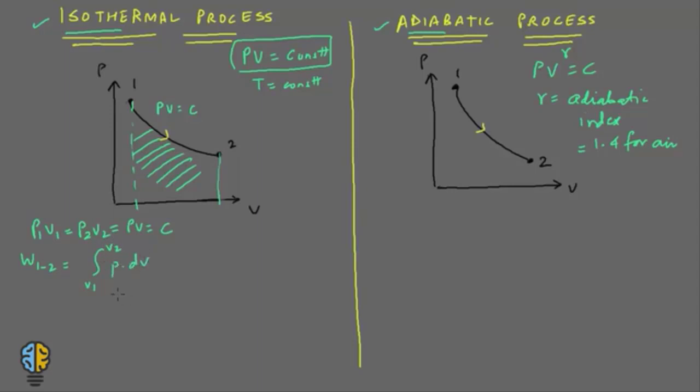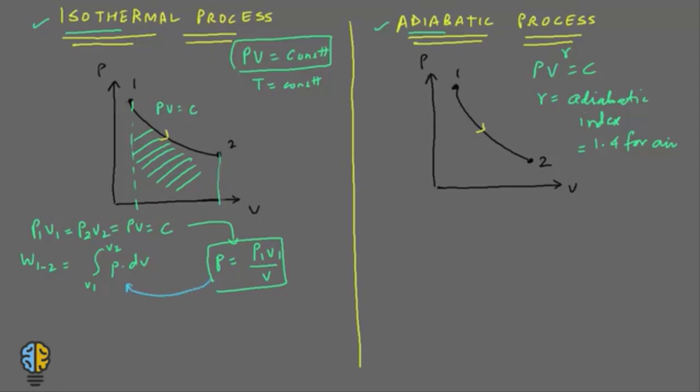So we would be integrating with respect to V, and from this equation I can say that the value of P is equal to P1 V1 upon V. This is a substitution that we can do in place of P over here.